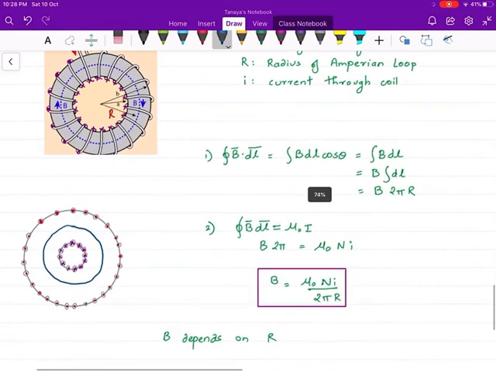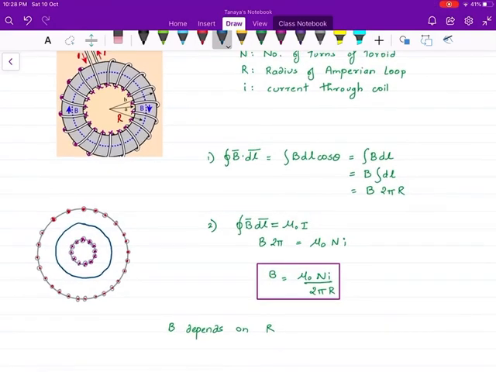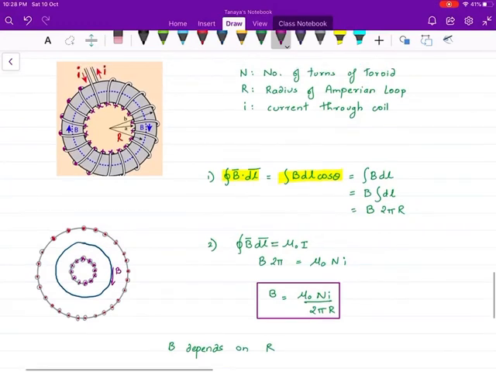What we have to do is first find the integral of B bar dot dl, that is equal to the integral of B dl cos theta. What is the direction of B? Again, the direction of B is like this, because it is acting like a solenoid.